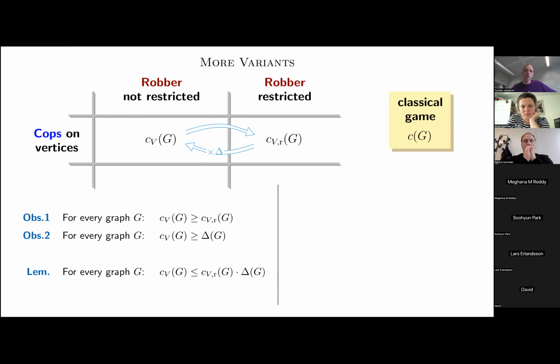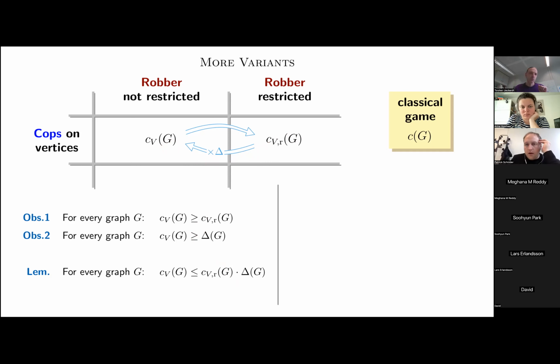This is the first observation, this inequality here. Without increasing my number of cops, the same number of cops still works. And on the other hand, if I have a good strategy, but it's only for restricted robbers, I can go to the unrestricted version by paying a factor of the maximum degree of the graph. This is the statement of this lemma.